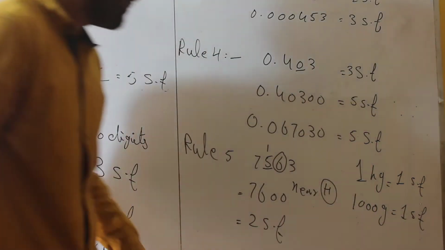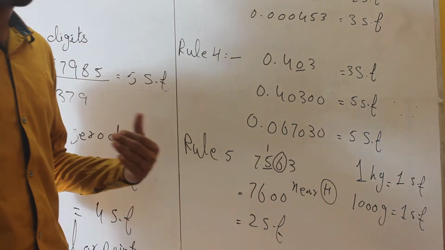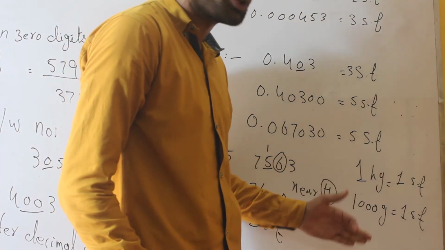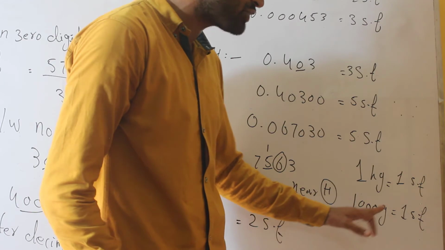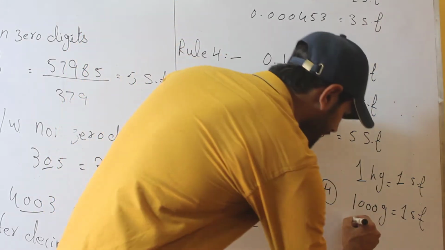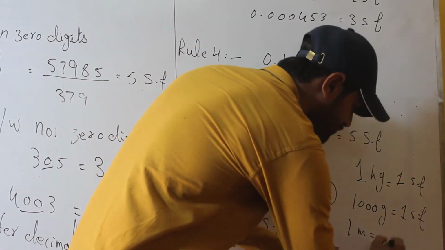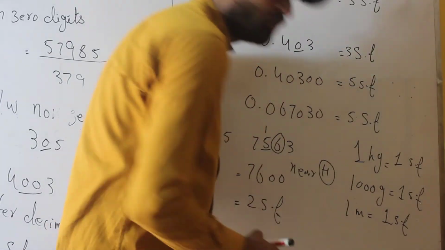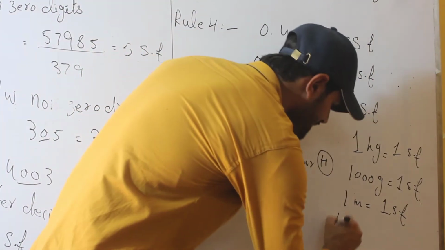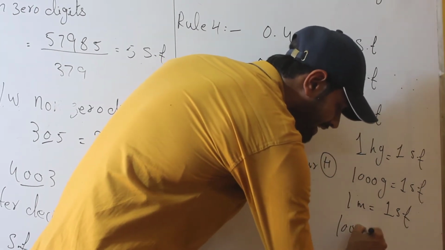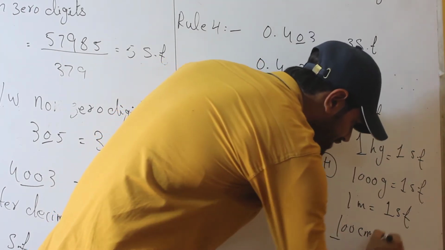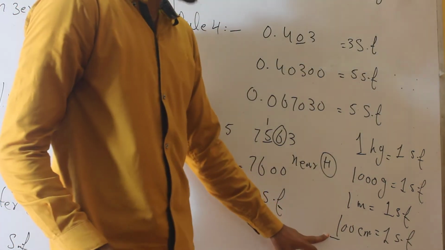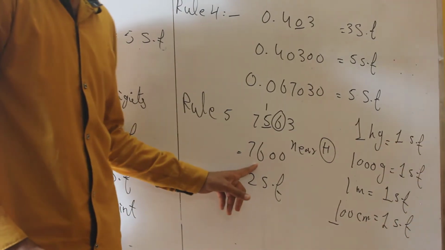That is rule 5, which depends on the approximate value. Just like 1 meter is 1 significant figure, when I convert meters into centimeters, 1 meter contains 100 centimeters, so it is also 1 significant figure.